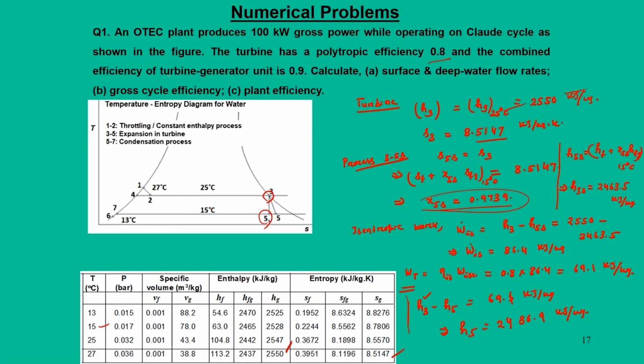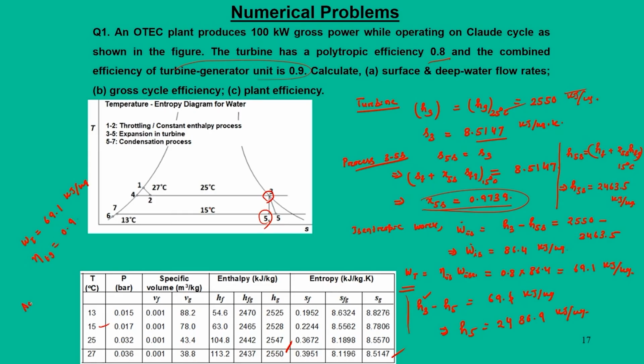Now, we have this turbine generator unit. Already the turbine is giving WT as 69.1 kilojoule per kg. Now, efficiency of turbine generator is 0.9.